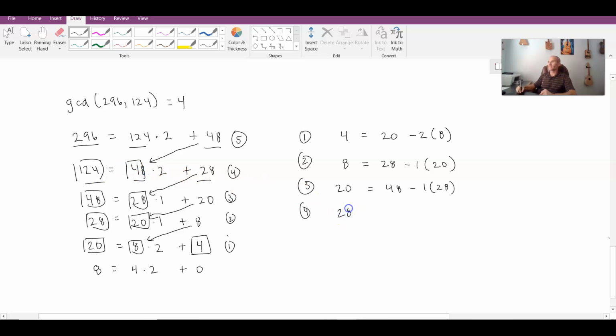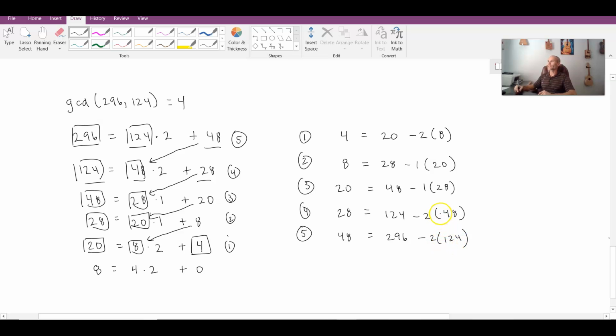So 28 is equal to 124 minus 2 copies of the 48. And in equation 5, I'm going to express 48 in terms of 296 and 124. So 48 is equal to 296 minus 2 copies of 124.